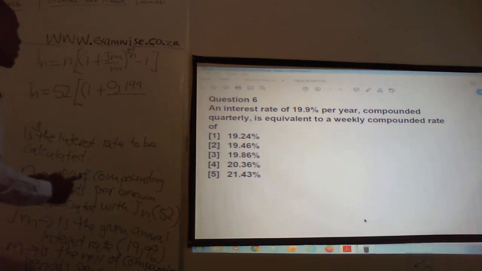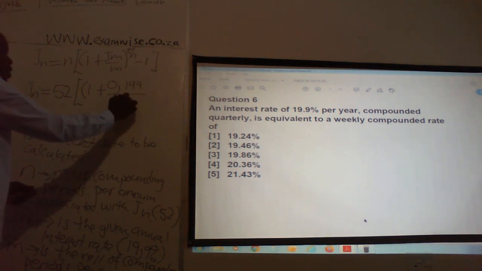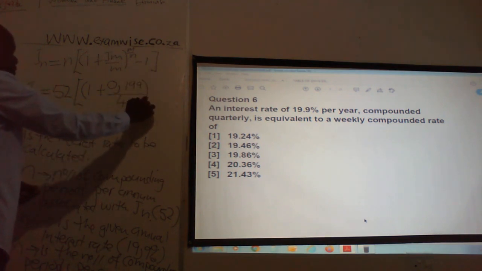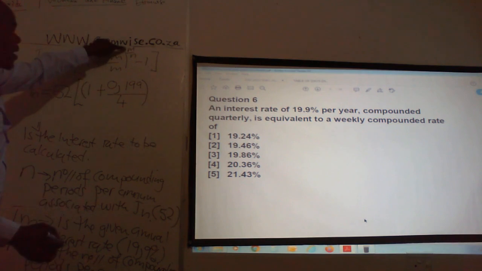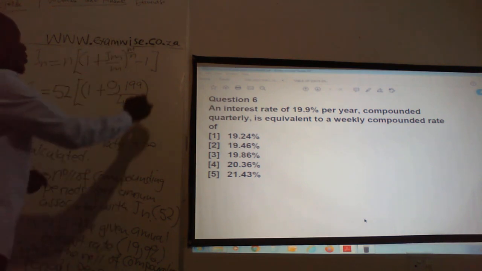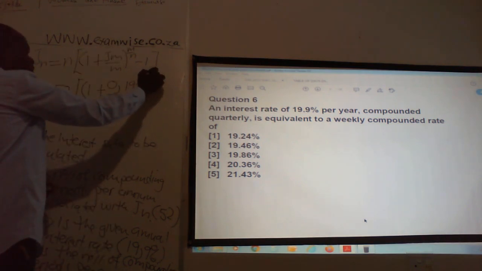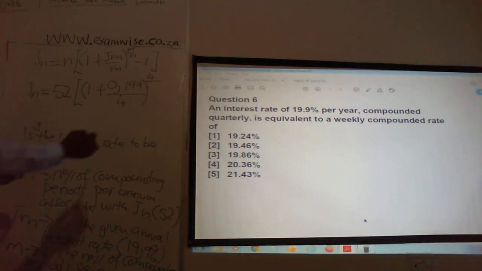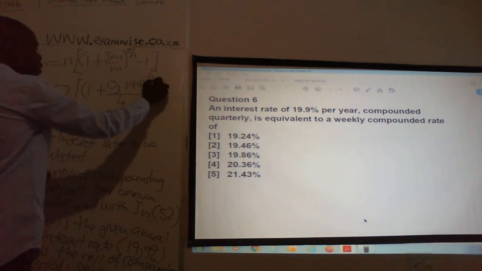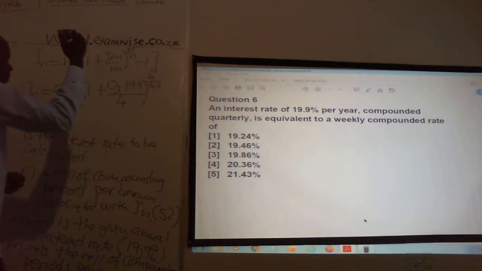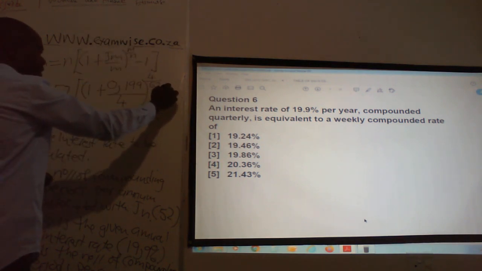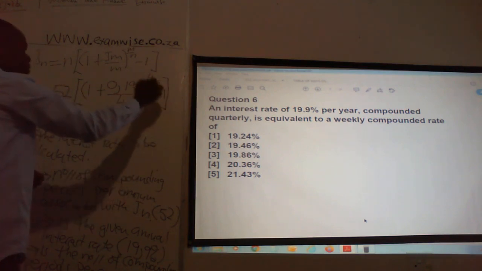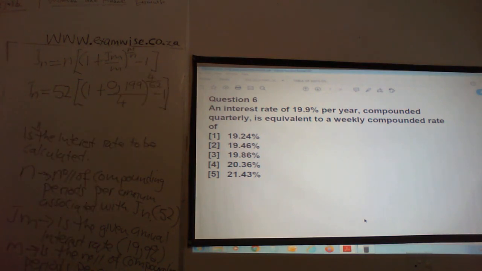So our M is equal to 4, and then we close the bracket, to the power M, which is 4, divided by our n, which is 52. So here we divide by 52, then minus 1, and then we close our bracket.